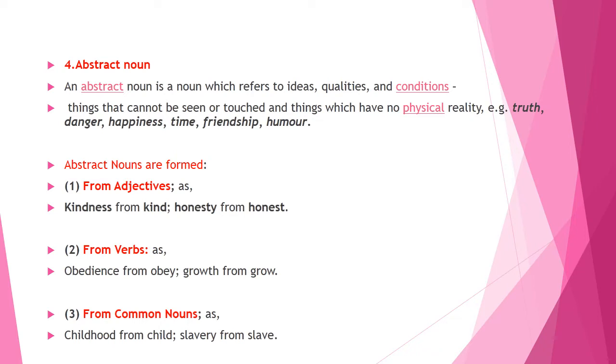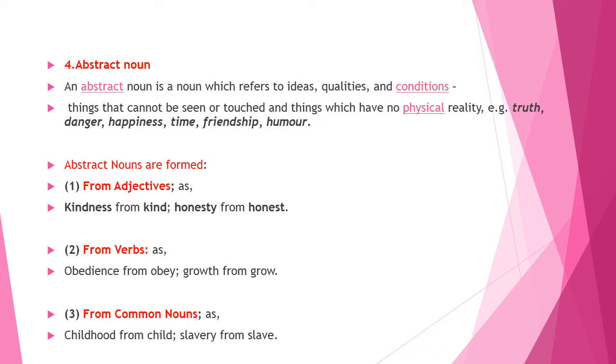So abstract nouns are formed in various ways. There are 3 ways we can form abstract nouns: from adjectives, from verbs, and from common nouns. Let's see how abstract nouns are formed from adjectives. Kind and honest are words used as adjectives because these 2 words are describing the quality of some person.